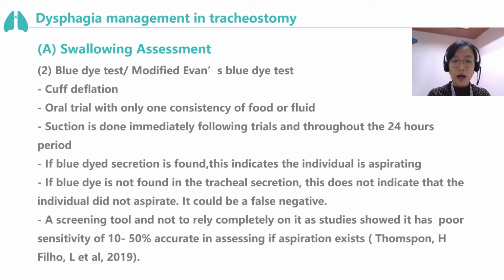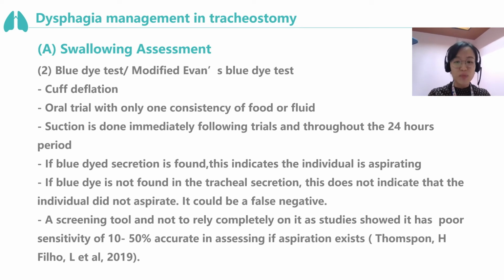If blue dye secretion is found, this indicates that the individual is aspirating, and we may want to keep him on Ryles tube first. But if blue dye is not found in the tracheal secretion, this does not indicate that the individual did not aspirate.